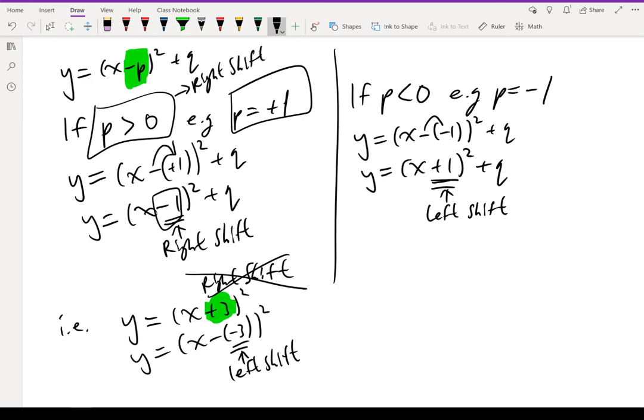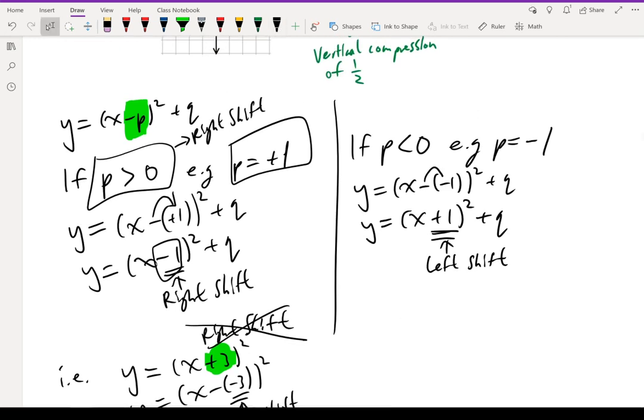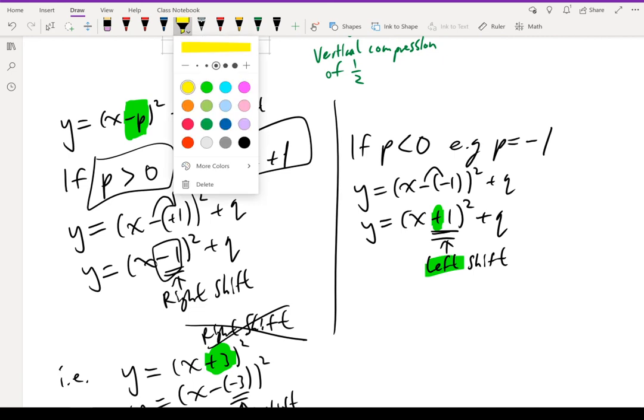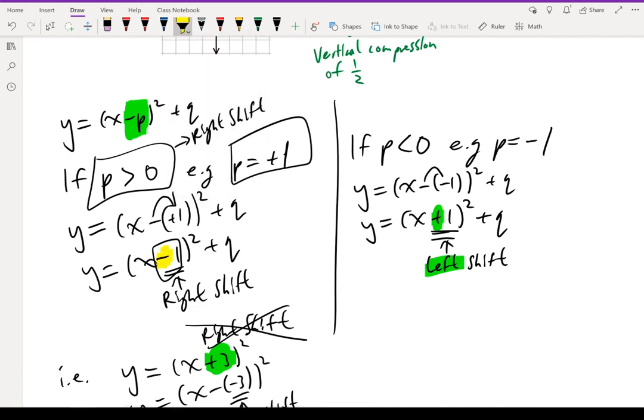I think the textbook makes it a little bit more confusing than it actually is. All you have to remember is if the value inside the bracket here is plus, then it's going to be a left shift. If it is negative over here, then it's going to be a right shift.